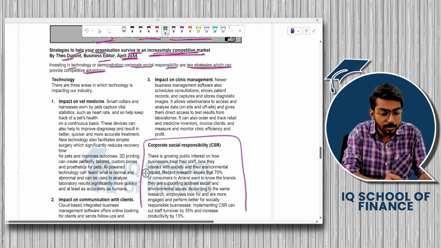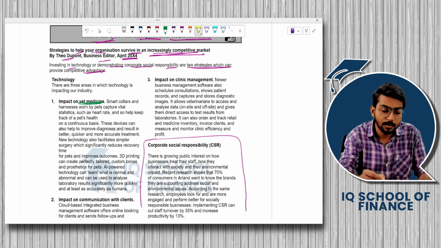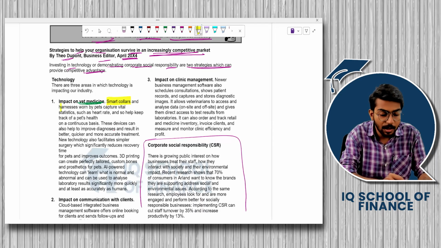we have the impacts on the medicine, right? For the impact on the medicine, we were told that smart collars and harnesses capture vital statistics such as heart rate, and so help keep track of pet health on a continuous basis. These devices can also help improve diagnosis and result in better, quicker and more accurate treatment.